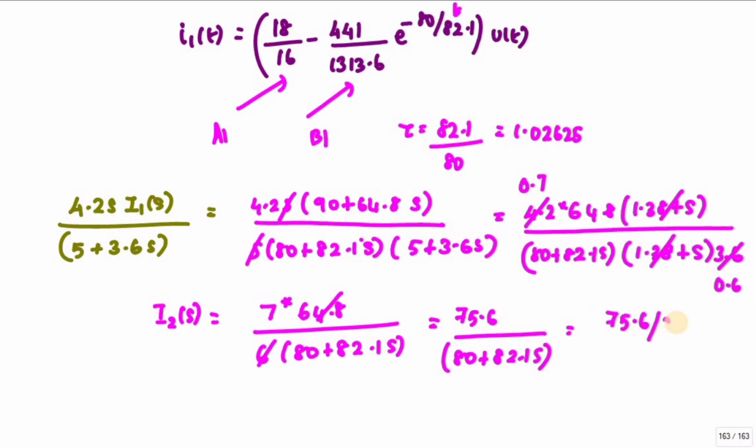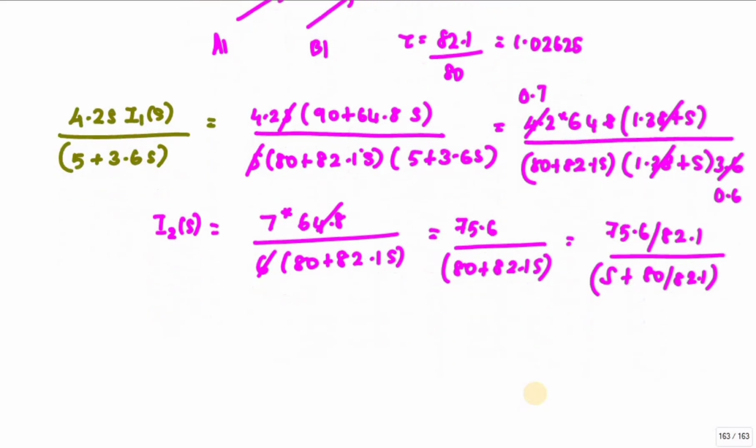Now I can take 82.1 common, so we get 75.6 divided by 82.1, divided by s plus 80 divided by 82.1. Taking the inverse Laplace transform, I get I2 of t equal to 75.6 divided by 82.1, which is 0.92, times e power minus 80 divided by 82.1 t, times u of t.